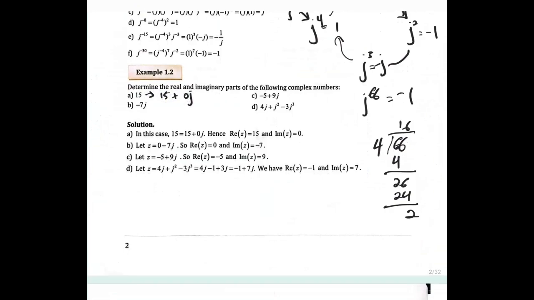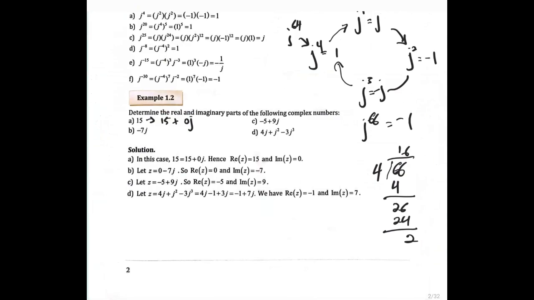So the real part is 15 and the imaginary part is 0. For B, it can be written as 0 minus 7j. So the real part is 0 and the imaginary part is negative 7.